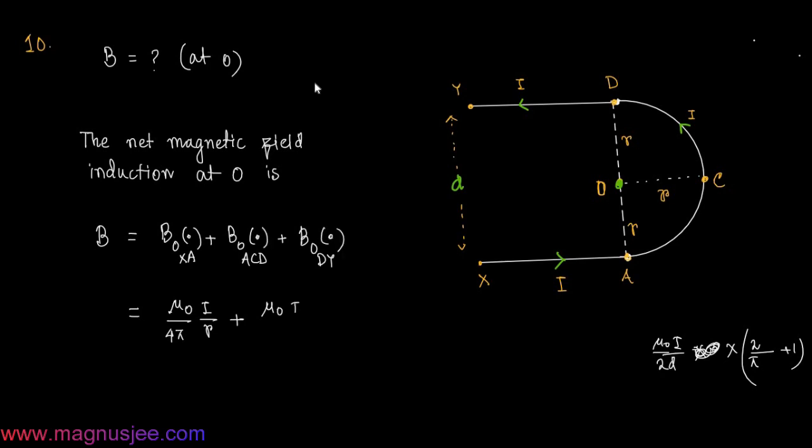That's why they are denoted by a dot under bracket. Then in place of BOACD we can write mu 0 I by 4R, plus in place of BODY we can write mu 0 by 4 pi I by R, equal mu 0 by 4 pi 2I by R plus mu 0 by 4 pi into I by R.